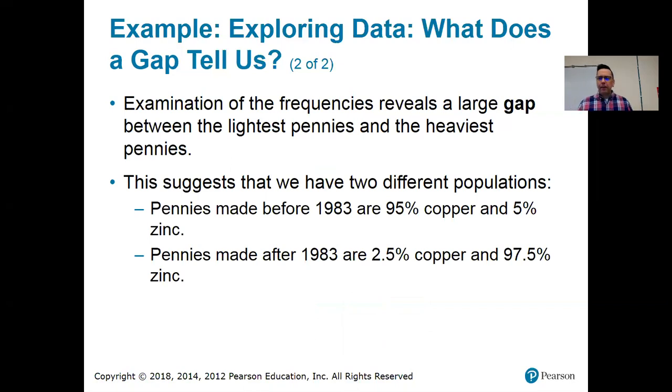Pennies made before 1983 are 95% copper and 5% zinc. And then after 1983, they cheaped out and they turned it around. Very little copper, mostly zinc in a post-1983 penny. So that explains the difference in the weights. These pennies are actually from different populations.